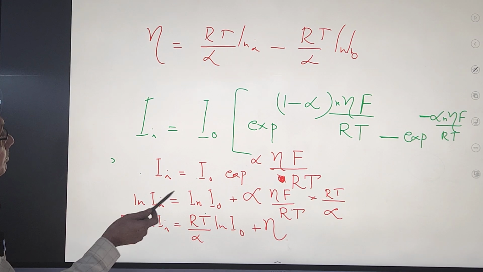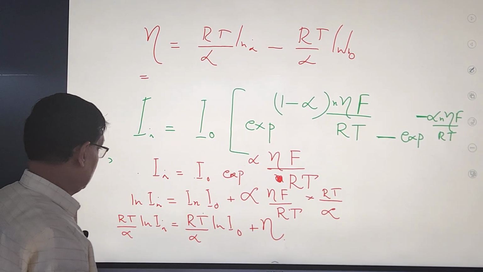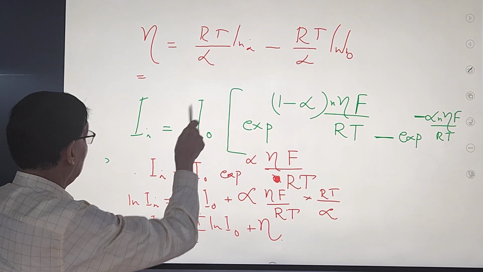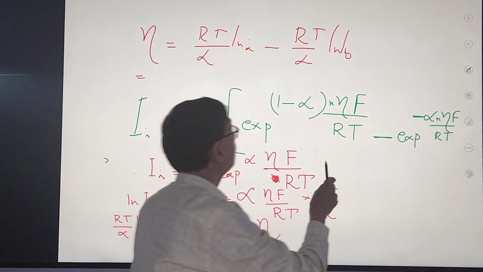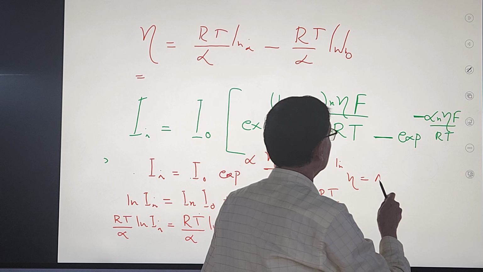So there are two types of reactions, and the relationship between I0 and I. So sometimes you are getting this, eta is equal to A plus B log I.